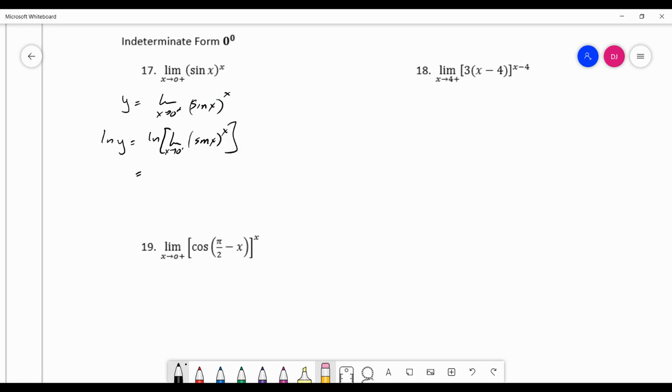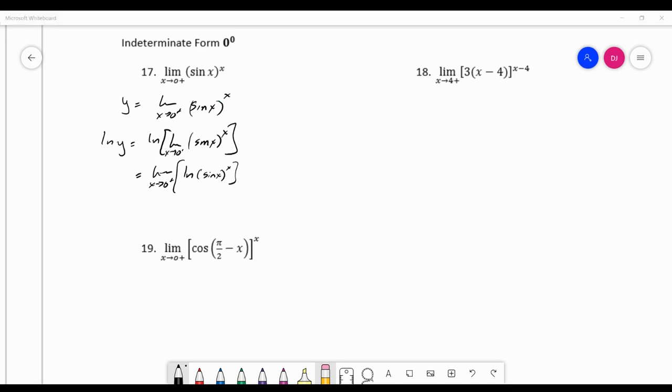And then finding the natural log of the limit of the sine of x to the x is the same as finding the limit of the natural log of the sine of x to the x.